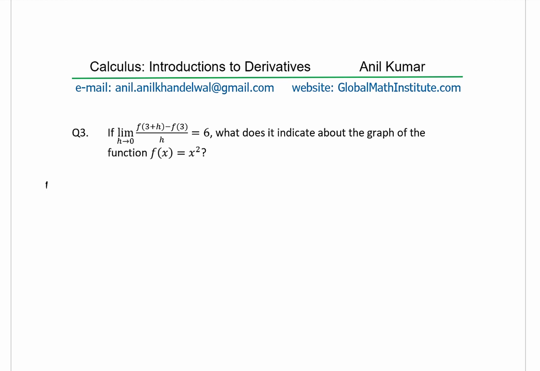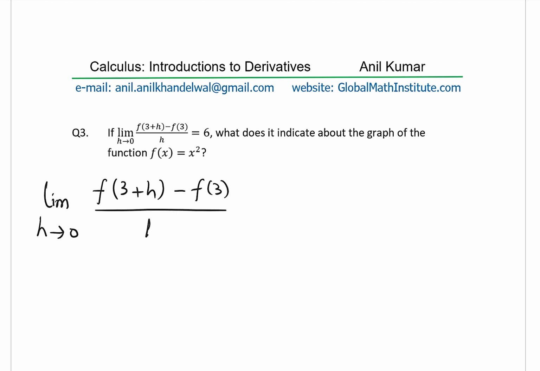It is limit h approaches 0 for f of 3 plus h minus f of 3 over h, and this limit is given to us as equal to 0. We're also given the function f of x as equal to x squared.